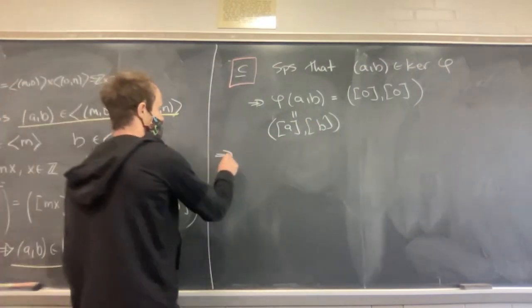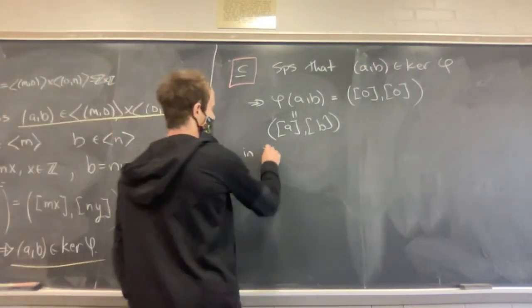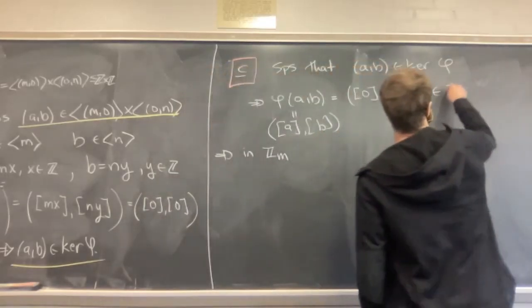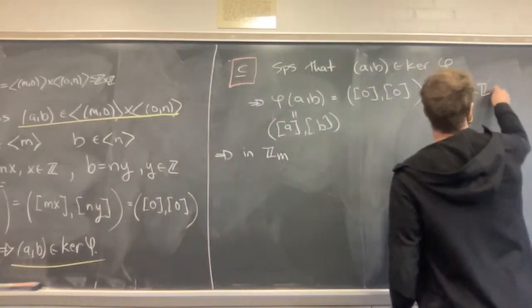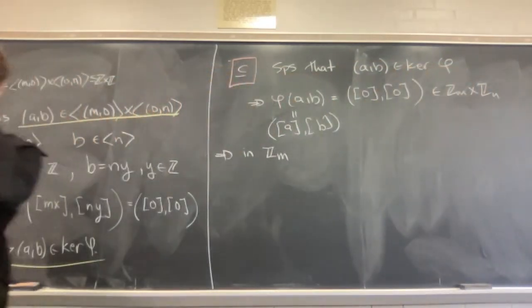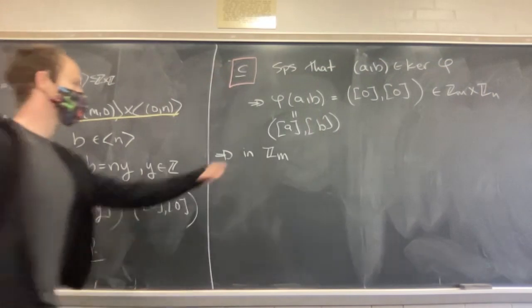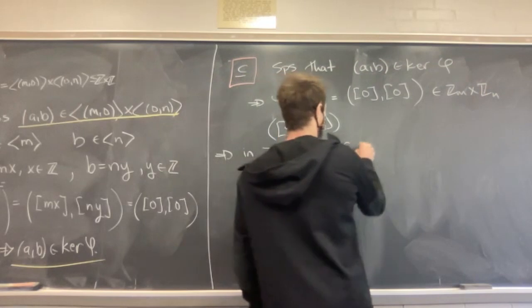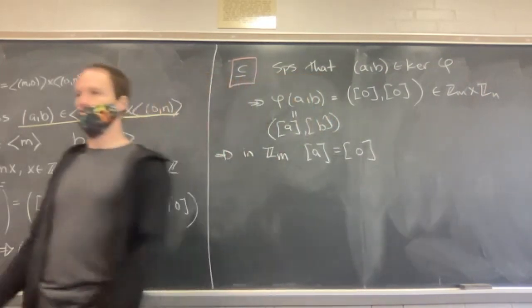Okay, but that tells us that in Zm, remember that this first entry is happening in Zm and the second entry is happening in Zn. So in Zm, equivalence class A is the same thing as equivalence class 0.